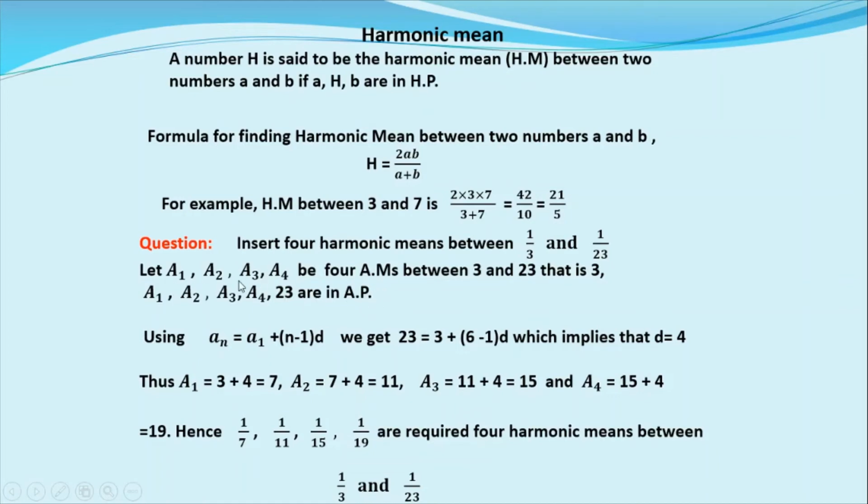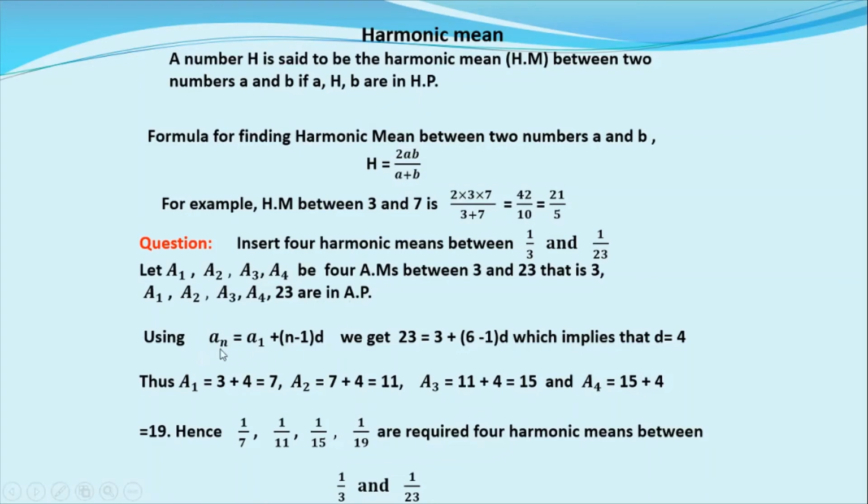By definition, if we are inserting four arithmetic means between these two numbers 3 and 23, then this sequence 3, A1, A2, A3, A4 and 23 will become an arithmetic sequence, or arithmetic progression.